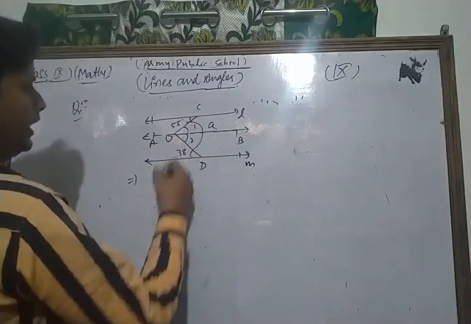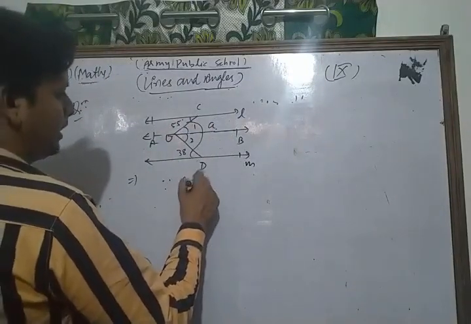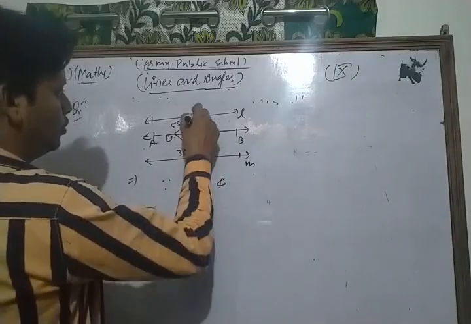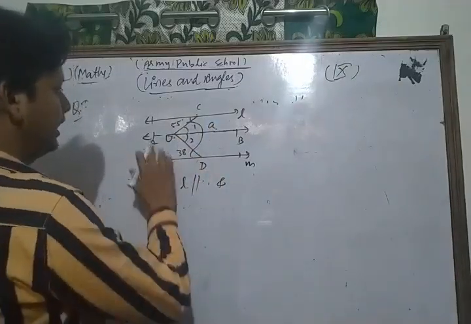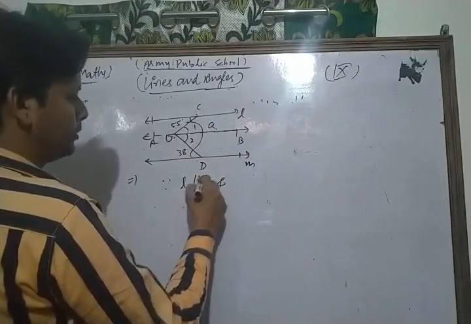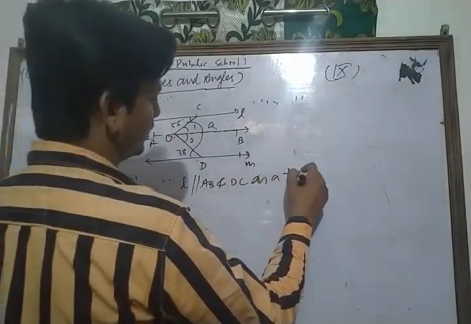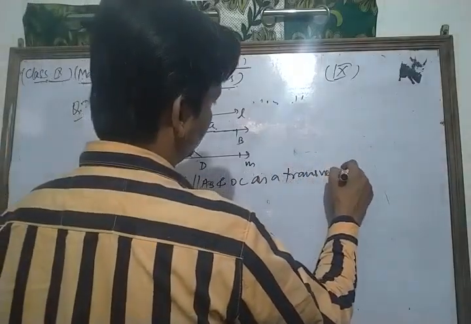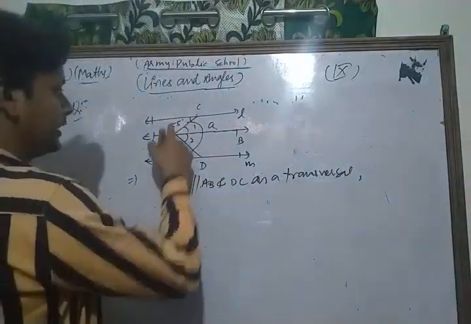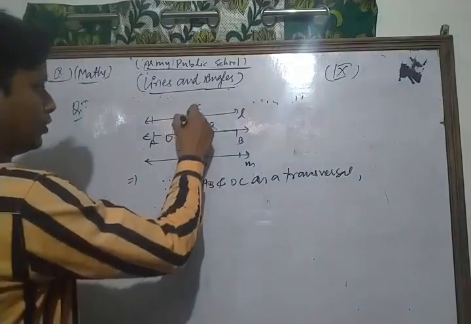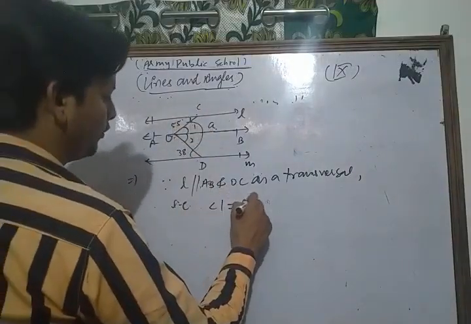First of all we write, since L is parallel to M and OC is a transversal, we take L parallel to AB and OC as a transversal. You know that alternate interior angles are equal. So angle 1 is equal to 55.